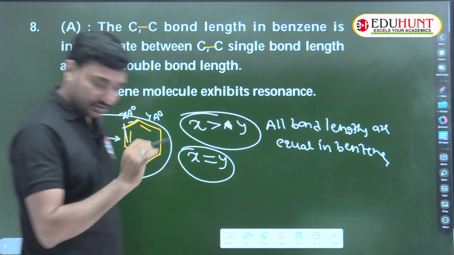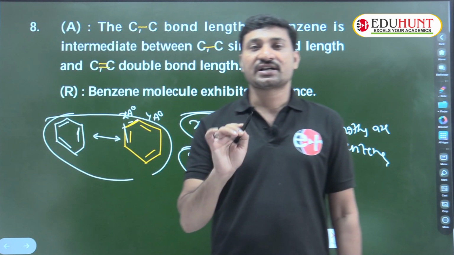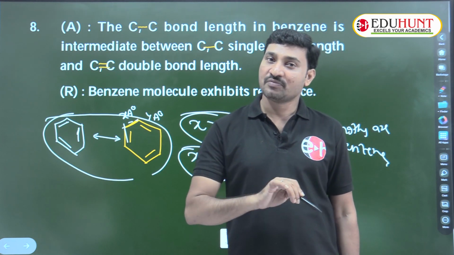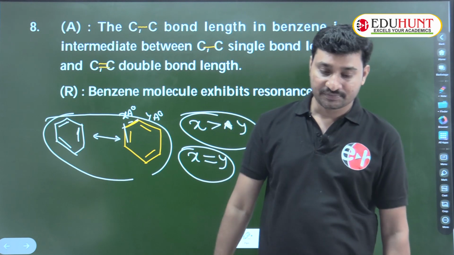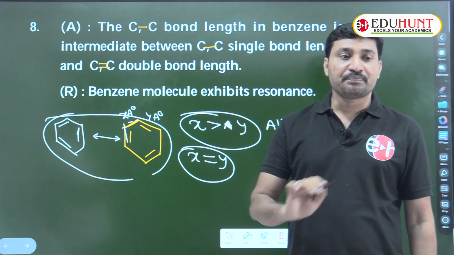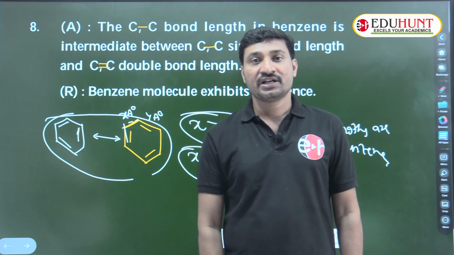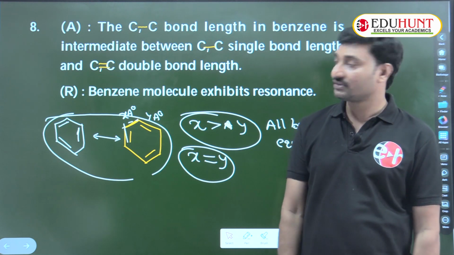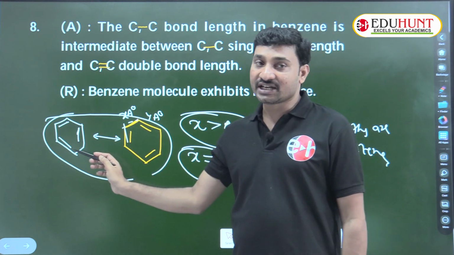Because of that resonance, each carbon-carbon bond length is in between single bond and double bond length. No one is a pure single bond length and no one is a double bond length. All bond lengths are equal.